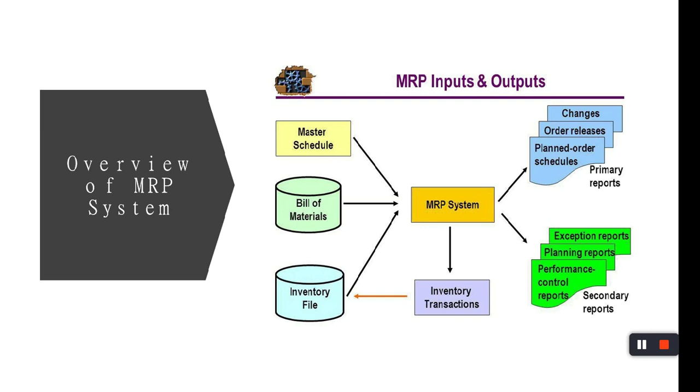So we have these exception reports, and then the planning reports and other performance control reports. These are merely secondary reports, merely derivative of the main reports that are being generated by the MRP system. So again, the MRP system only deals with inventories. Okay.